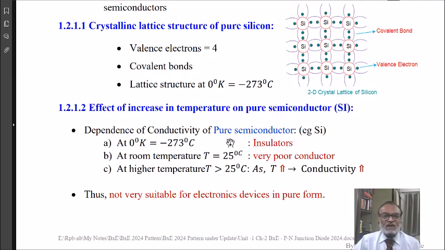Therefore, at room temperature, we will find that some of the conduction band electrons contribute to the conductivity of the semiconductor material.